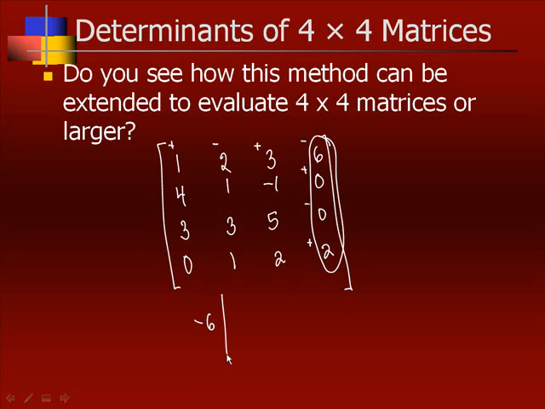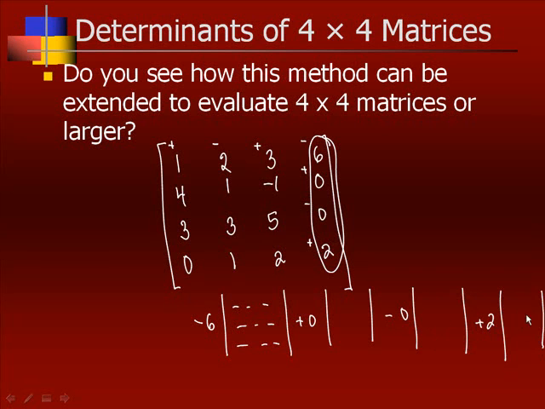So what we would have is negative 6 times the minor of 6, which would be a 3 by 3 determinant, plus 0 times the minor of it, minus 0 times the minor of it, plus 2 times the minor of 2, which is also going to be a 3 by 3 determinant. So anyway, because those are 0, that worked out well. We didn't have to have them, but that's how you could do a larger than 3 by 3 determinant.